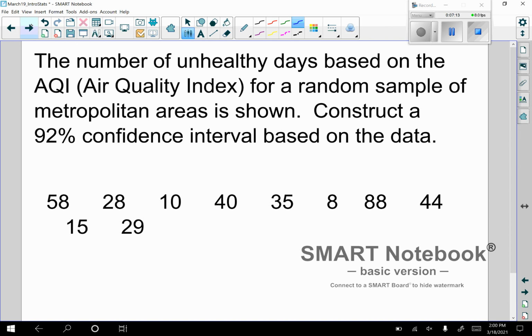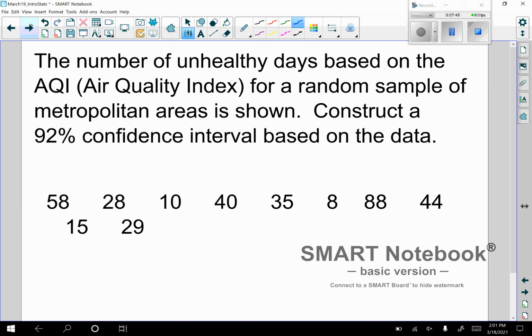All right, and let's try one more. Go ahead and copy this down. See what you need to do to construct a 92% confidence interval. Okay, and if you need more time, just pause the video again.